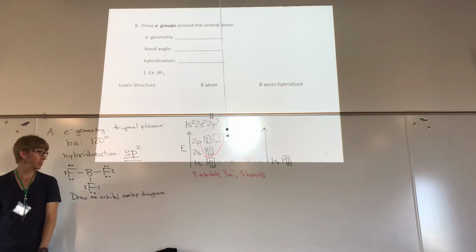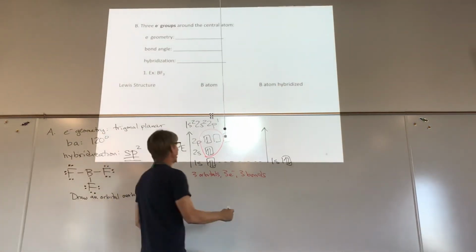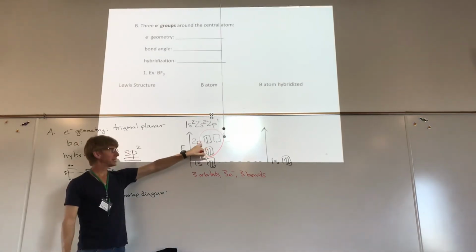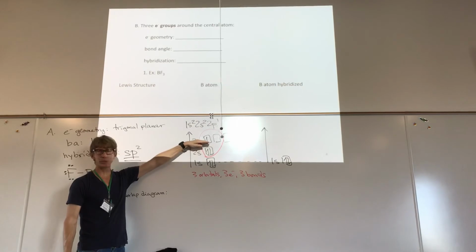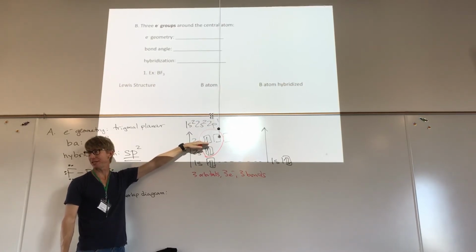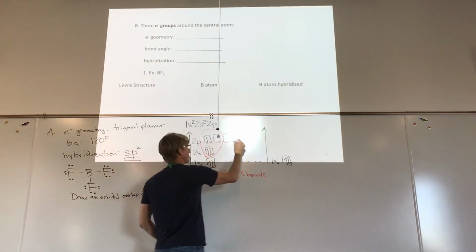Three orbitals, 3 electrons, 3 bonds is what we want to end up with. I have 2 of my p's and 1 of my s's. Technically, it should be 2/3 towards the p's because I'm taking 2 of the p orbitals. As long as it's between them, I'm okay.